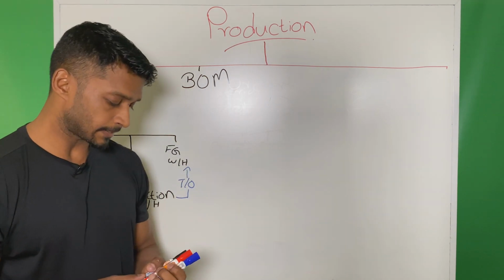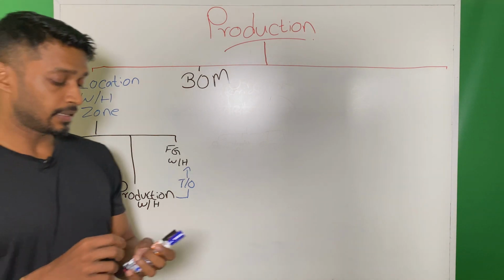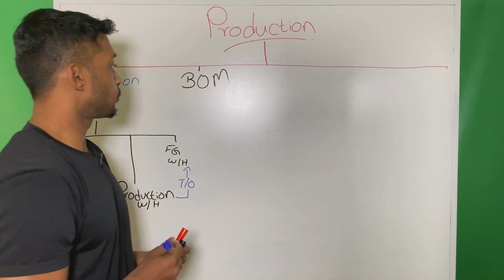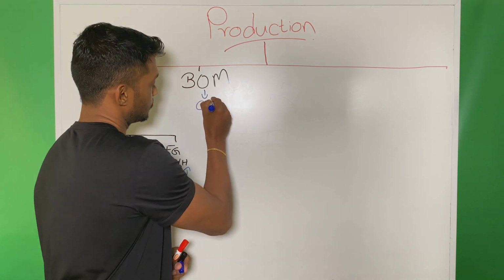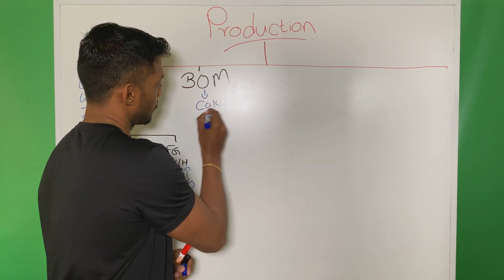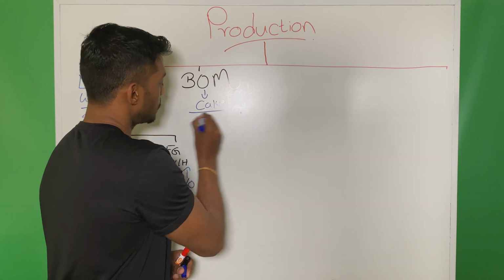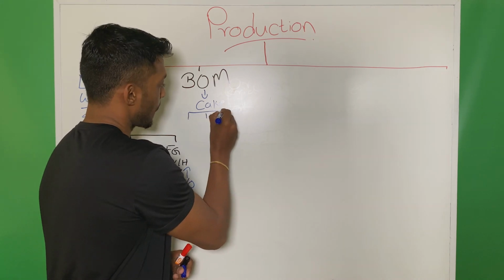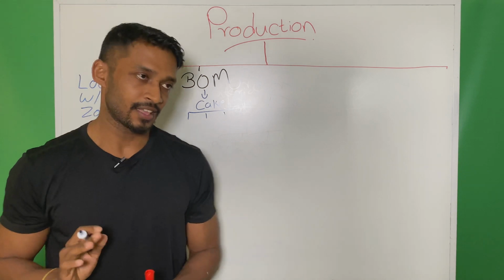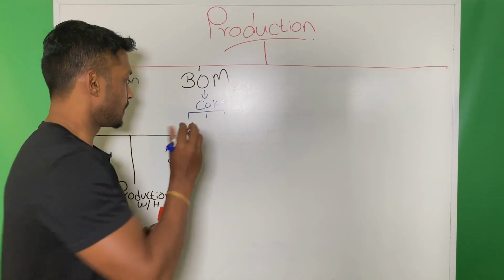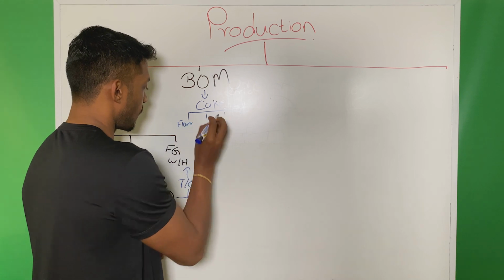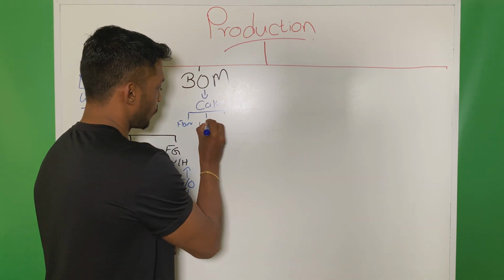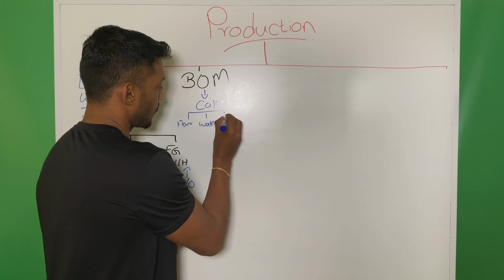Let's take a small example. Think we are going to bake a cake. In order to bake a cake, we need some ingredients, like flour, water.